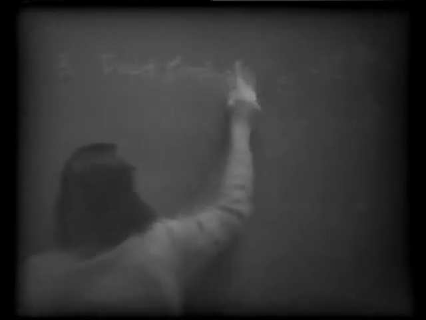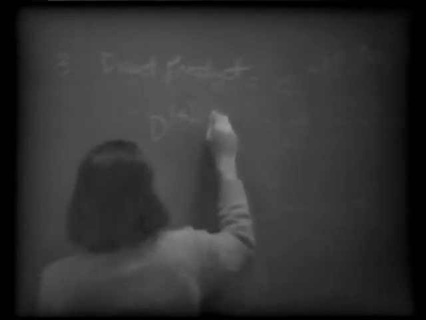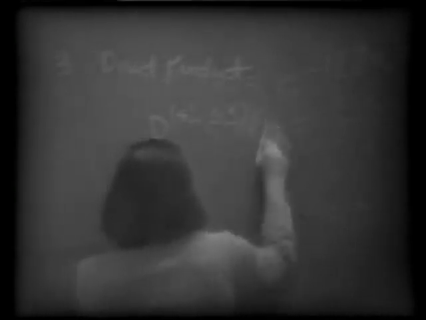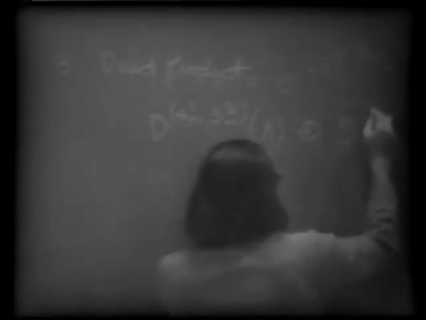Direct product. Well, this is again trivial. We've got two independent angular momenta, we add them together independently. There's no problem. D of S plus 1, S minus 1 of lambda, cross D of S plus 2, S minus 2 of lambda equals the sum of them.